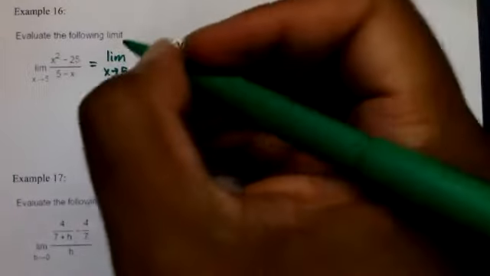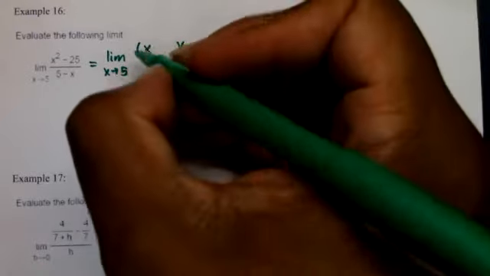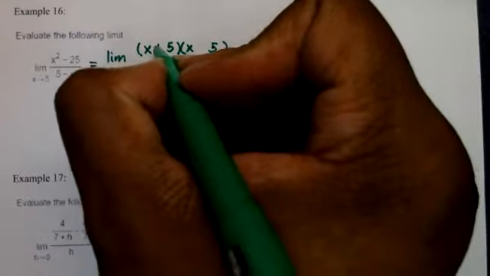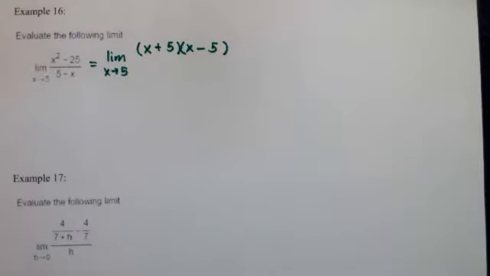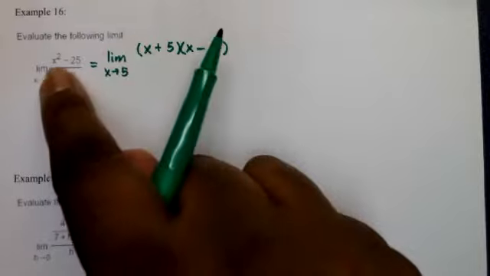That x squared minus 25 breaks up as x and x. 5 times 5 gives me 25. One has to be plus, the other one has to be minus. And you might have to go back to some of your algebra to see why I factored it out like that. That is a difference of two squares.